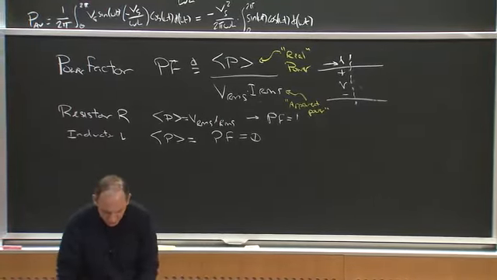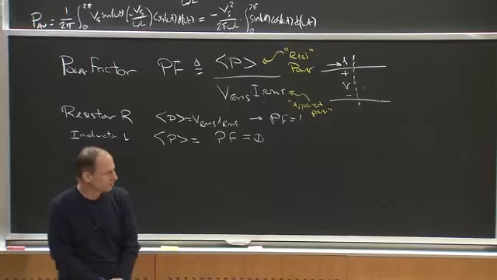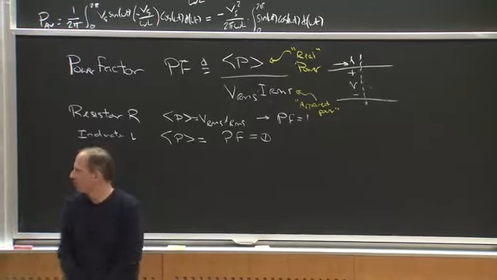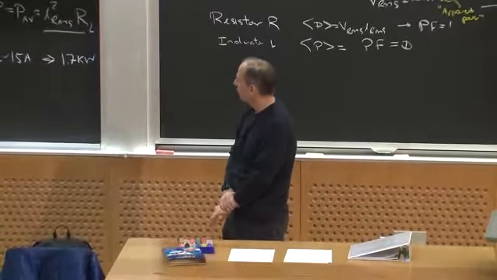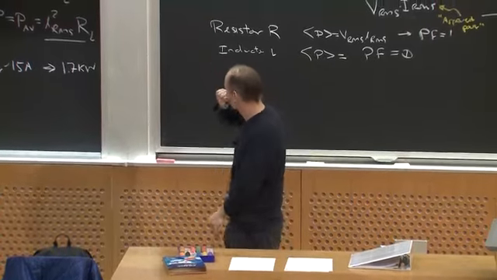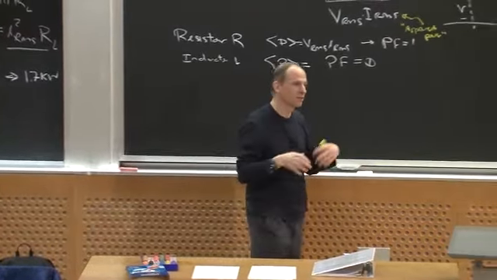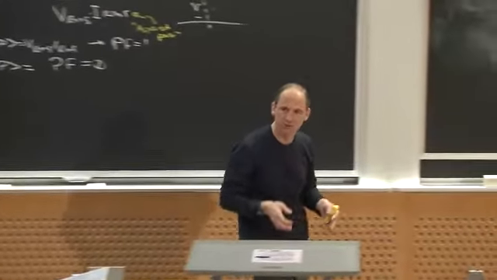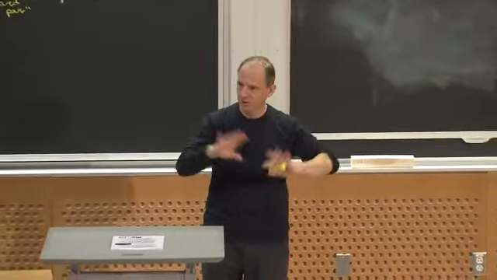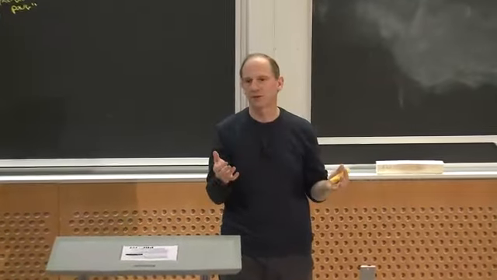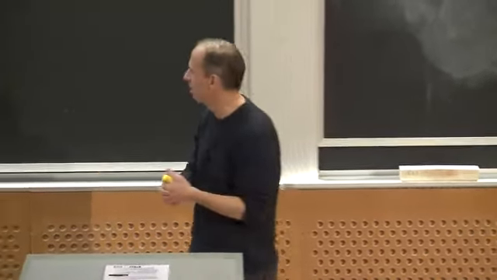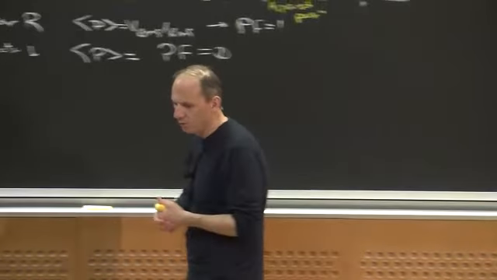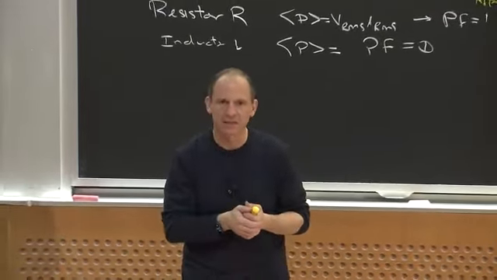Okay, so let's expand our thoughts a little bit, because so far I've been talking about resistors, inductors and capacitors, which all draw sinusoidal waveforms. Nothing wrong with anything we've done so far, but the world is bigger than that. Let's come back and think about the rectifier we had from last time.